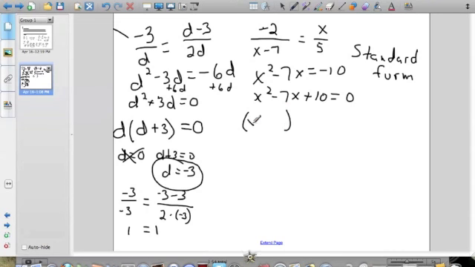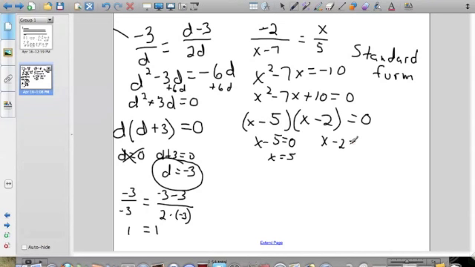I can set this one up like this because I know I have a positive third term, so I know my signs are going to be the same. Now I look at my factors of 10. 5 and 2 will equal 7, so I put 5 in here. I put 2 in here. Again, I set them both equal to 0. So x minus 5 is equal to 0, and x is 5. And therefore, x minus 2 is equal to 0, and x is therefore 2.